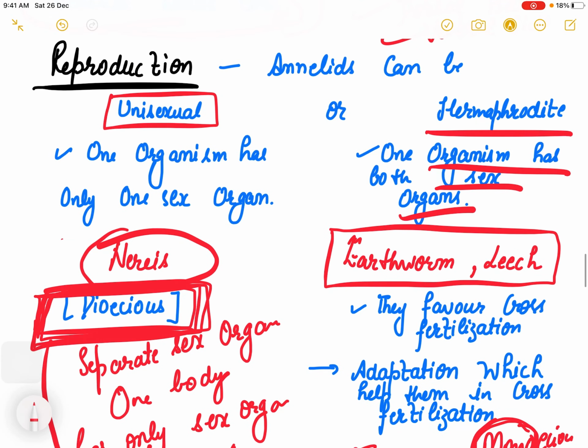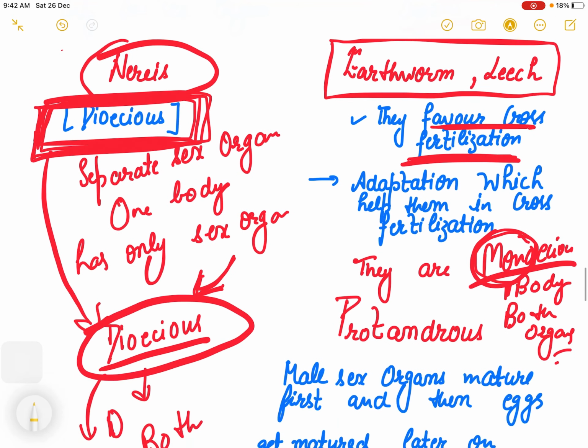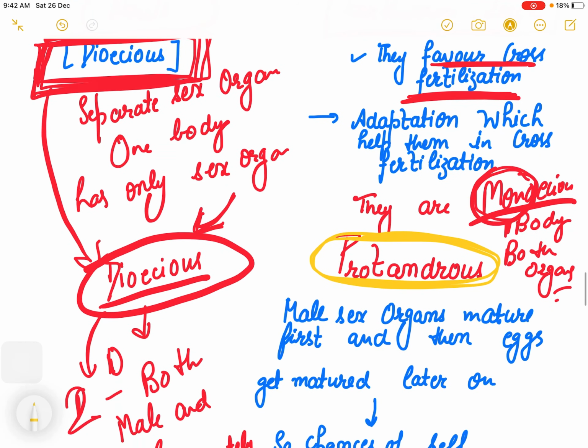Now usually it seems to us that because they are hermaphrodite, their body will follow self fertilization, but no, they favor cross fertilization. For cross fertilization they have one adaptation or condition which is known as protandrous. Pro means before, and androus is the word we use for males.